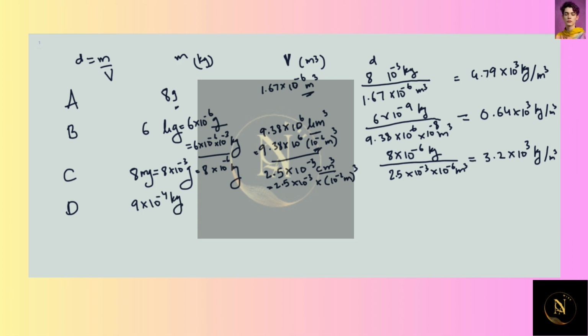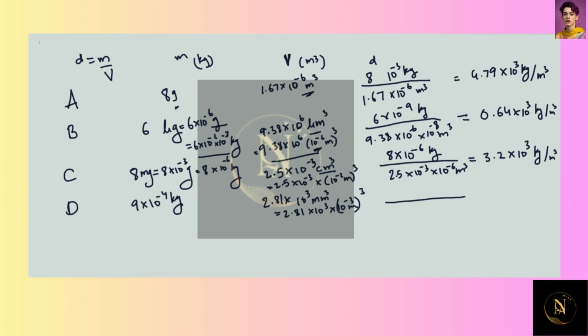We can directly use this, and the volume is 2.81 into 10 power 3 millimeter cubed, and each millimeter is 10 power minus 3 meters, so that is 2.81 into 10 power 3 into 10 power minus 3 whole meter whole cubed.